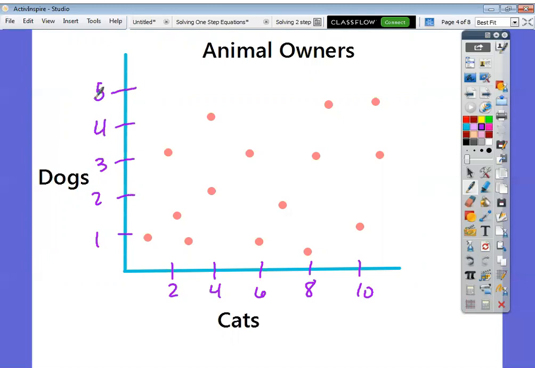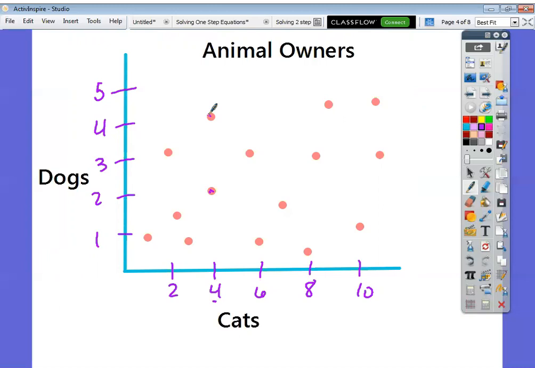If you look at it, the dots are all over the place. I have a lady that owns 4 cats and 2 dogs, and another lady that owns 4 cats and 4 dogs. So there's no pattern to this.